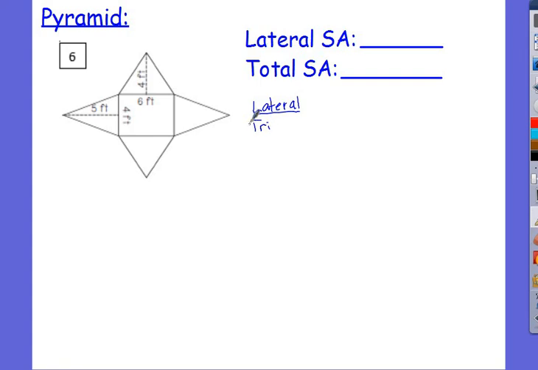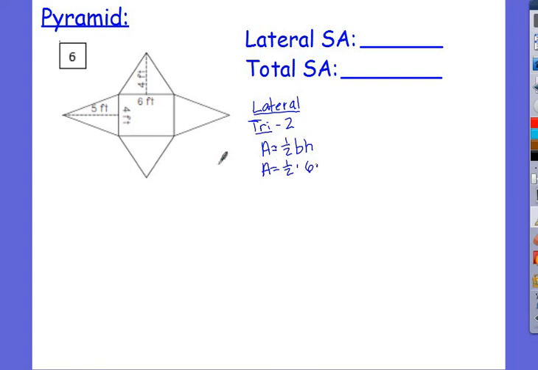Okay, so I'm going to find my triangles, and they're in sets of 2. So I'm going to look at the top and bottom triangle. You can label it top and bottom if you want. Formula for area of a triangle is 1/2 base times height. What is my base of this first triangle I'm looking at? 6.